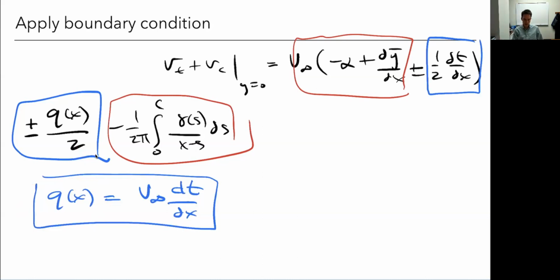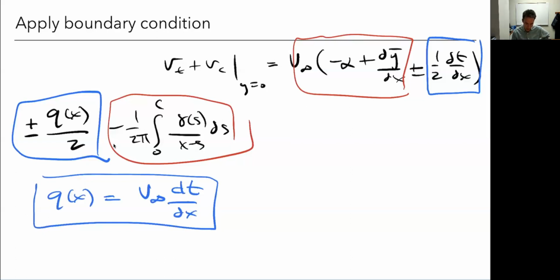I just create them based on the derivative of my thickness distribution, and that'll recreate the right flow field around an airfoil of the thickness that I want. So if I have no lift, pretty easy. I can create any shape I want that has no lift, just thickness, at least within the assumption of thin airfoil theory, by just taking the derivative of that shape and making my source strength exactly equal to that.